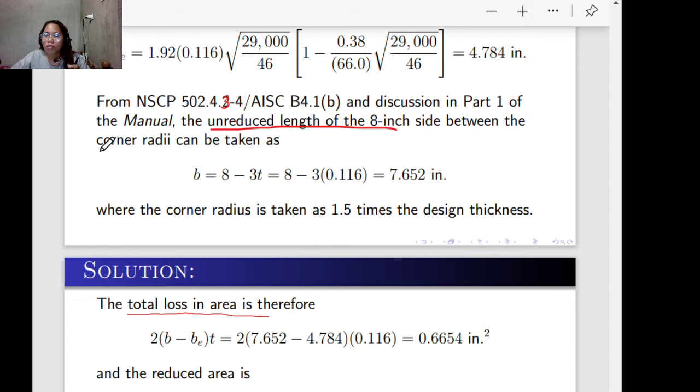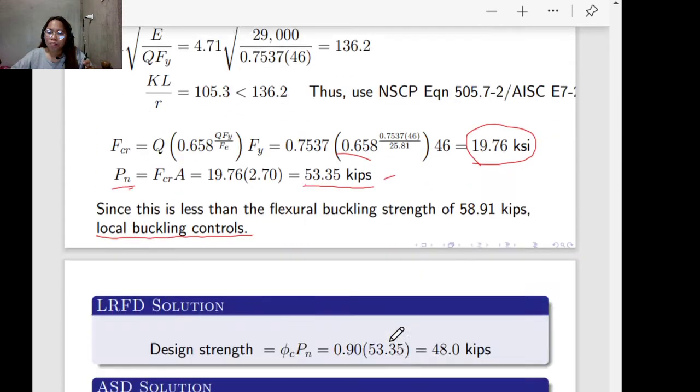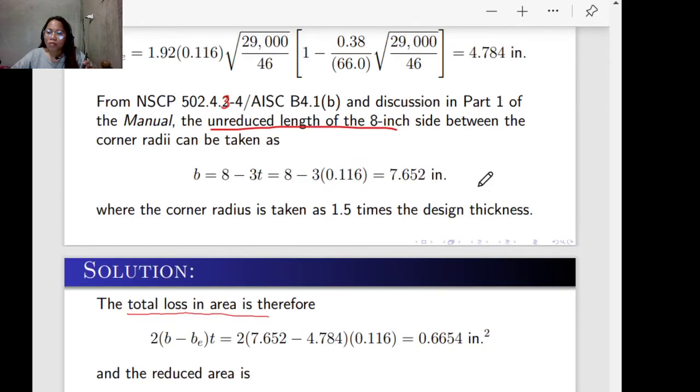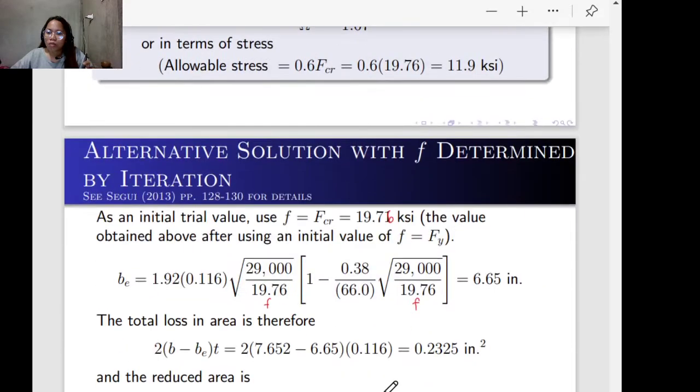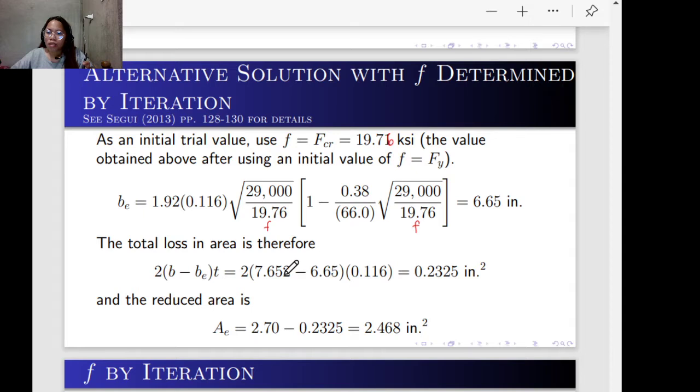For the unknown corner radius, the unreduced length is equal to the total height of the HSS minus 3 times the design thickness, that is 7.652. So 7.652 minus B sub E, which is 6.65, times the design thickness 0.116.